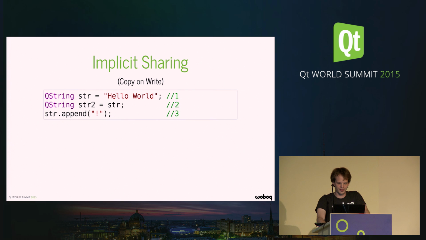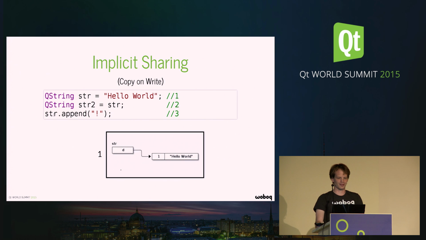So first question, to see if you follow correctly, will str2 have an exclamation mark at the end? No, correct. So we make a copy. So what happens at the first line, we make the string str, which points to in the memory we have.